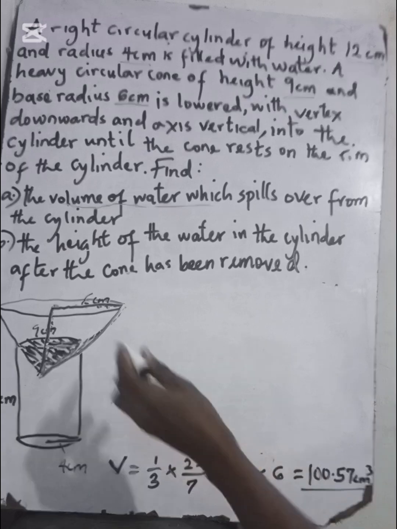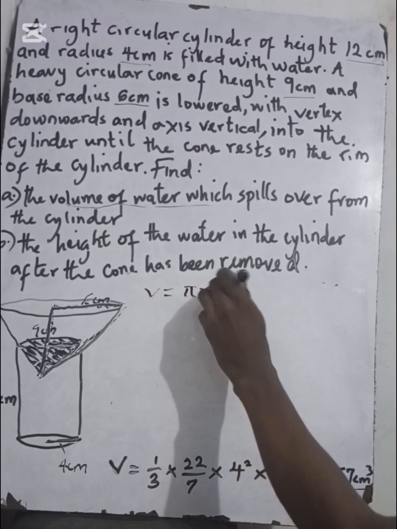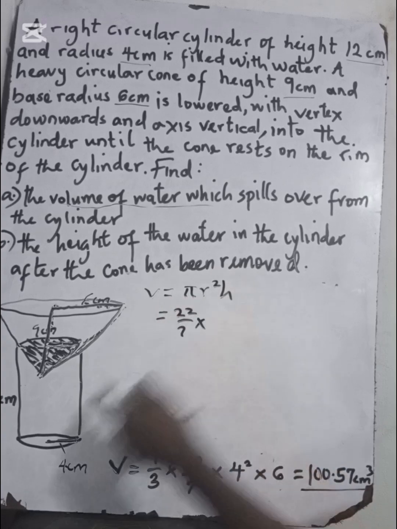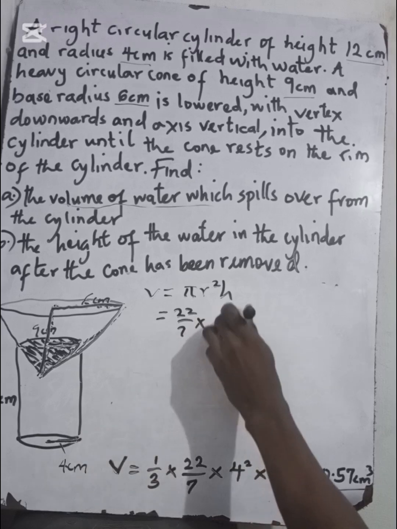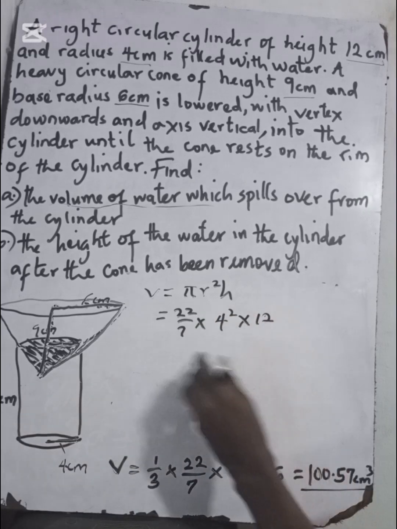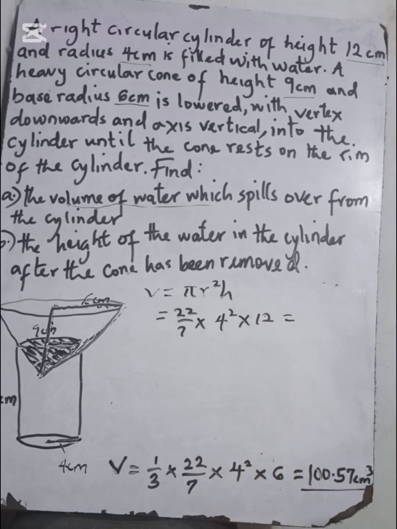So the volume of a cylinder is pi r squared h, which is 22 over 7 times the radius of the cylinder, 4, squared, times the height of the cylinder that is given as 12 centimeter. So we simplify this to get the volume of the cylinder.